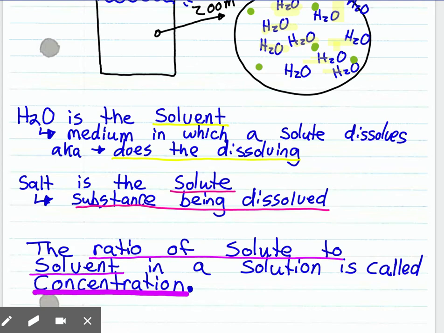He has done an awful lot of calculations to figure out how much fertilizer to put in the water tank to get a specific concentration of fertilizer to spread on his field. That's an example where concentration is used in real life.